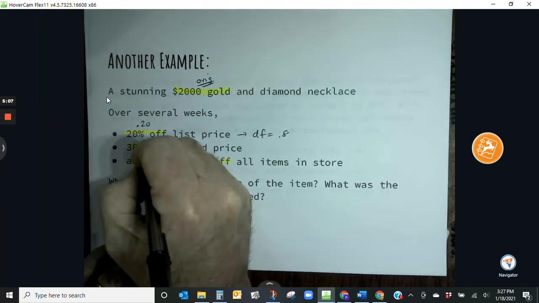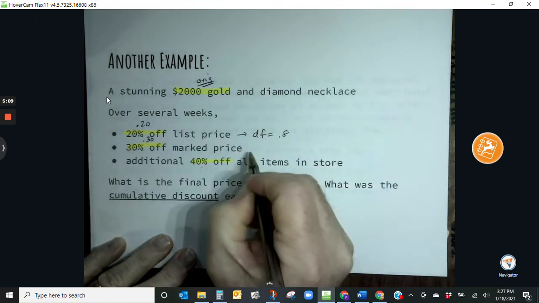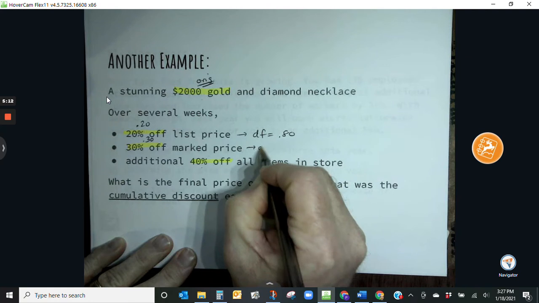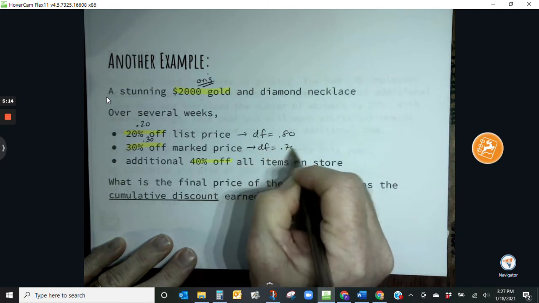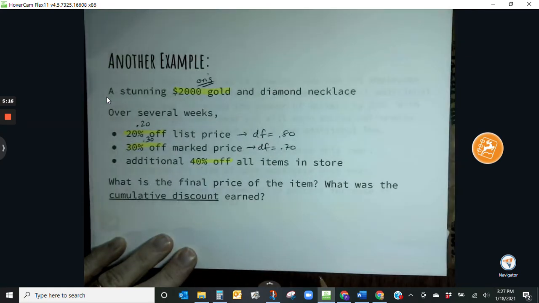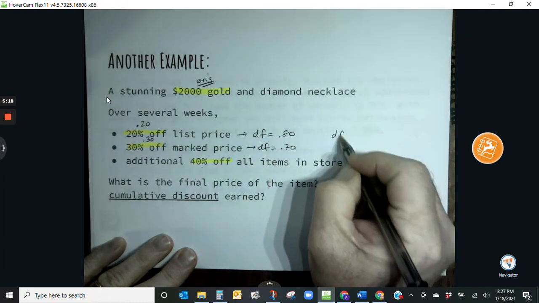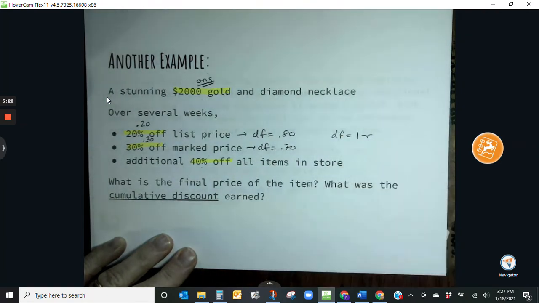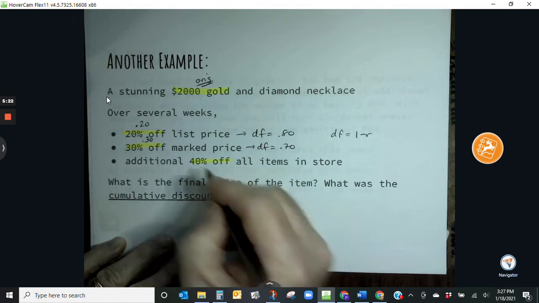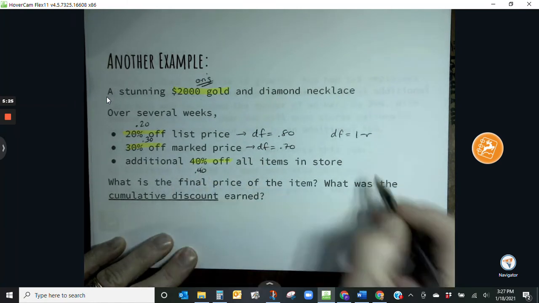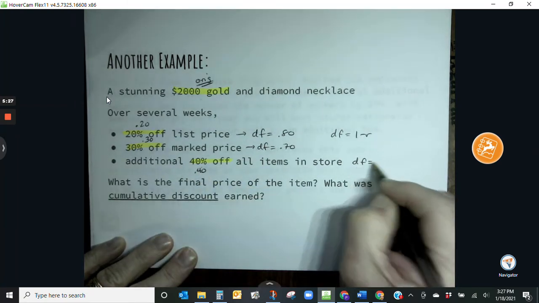A 30% off is 0.30, which means my decay factor is 0.70. Remember, decay factors are 1 minus my rate. And 40% off is 0.40, so my decay factor here is 0.60.